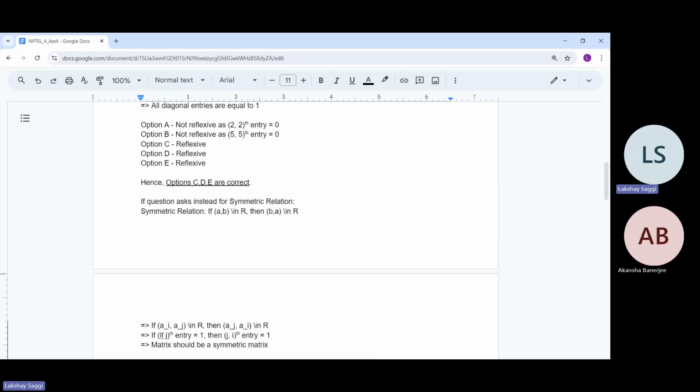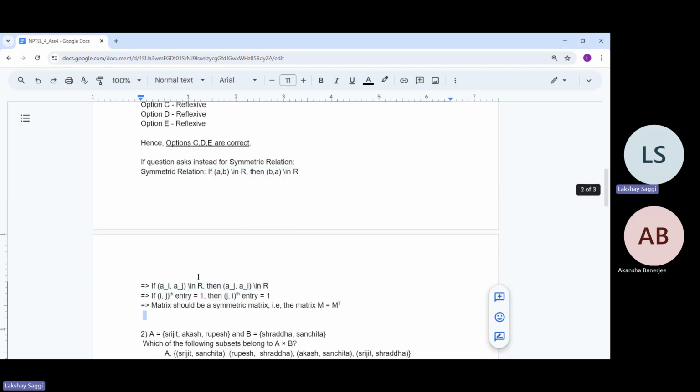The matrix is symmetric along the diagonal, or what we call as the matrix M is equal to M prime, where M prime is the transpose. This is the symbol for transpose. So if the matrix M is equal to its transpose, then it's a symmetric matrix, and a symmetric matrix represents a symmetric relation. We have just shown this.